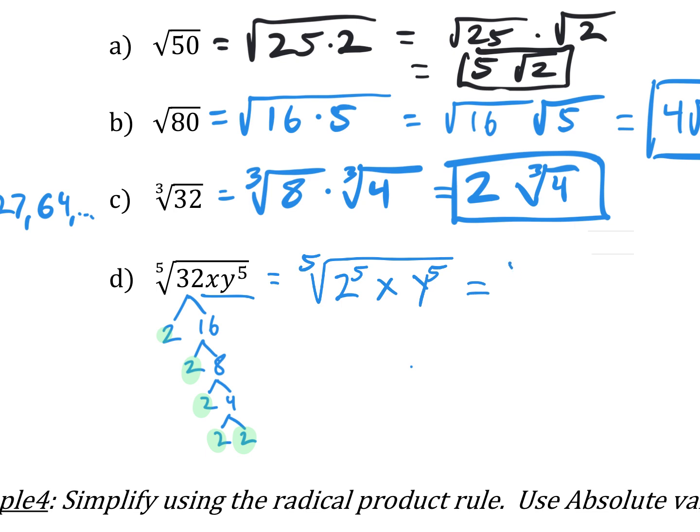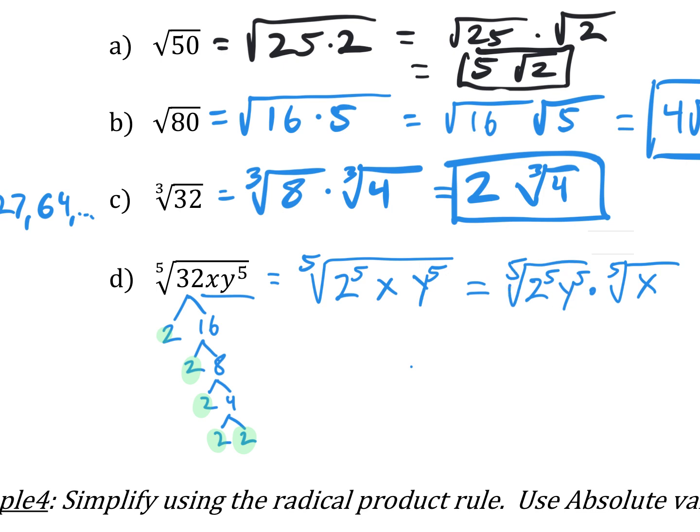Well, now we're going to go back to something that we started doing in the last lesson: we're going to break this up into 2 to the 5th, and let's take the y to the 5th. And we still have the x. It needs to be under its own radical. The 5th root of x, we can't do anything with because there's no exponent here. This cannot be simplified, but these can.